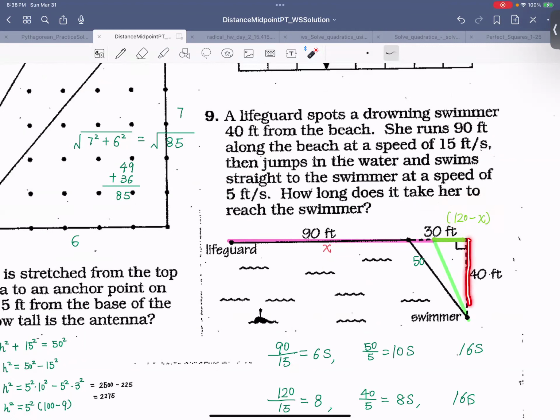And this is 40 feet. So you do the Pythagorean theorem, you get that green line's distance. You use this green line distance divided by the velocity in the water, plus this distance divided by the velocity along the beach. And then you solve for the minimum. That's how you can solve for the location where this lifeguard should jump into the water.